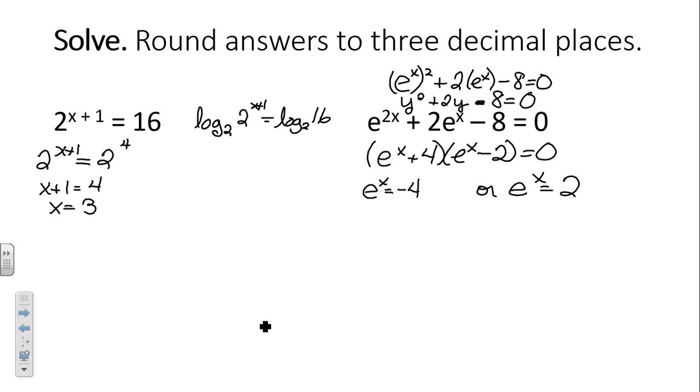The log base e, which is also known as the natural log. So natural log of e to the x equals negative 4. And the natural log of e to the x equals a positive 2. But if I take the natural log of one side, I have to take the natural log of the other side, right?